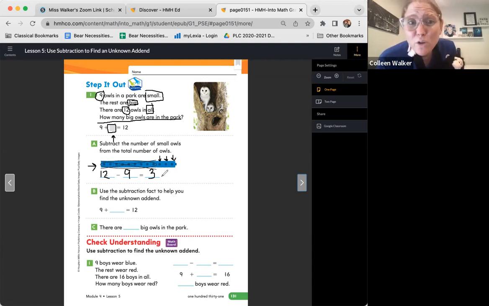So remember, when you figure out the subtraction fact, when you solve that, that answer is so helpful because it's your missing addend. If I know that 12 minus 9 equals 3, then I know that 9 plus, yes, if you said 3, that's correct. I know that 9 plus 3 equals 12. So there are 3 big owls in the park. High five, friends.